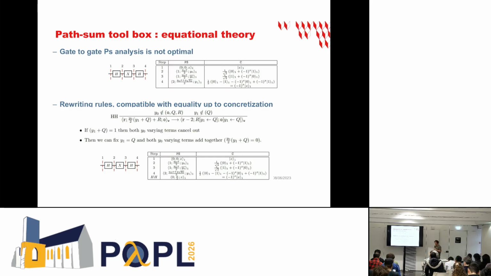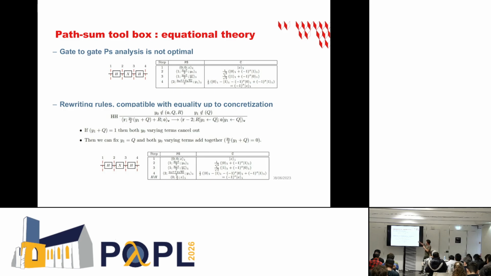But it's not enough in the general case, because this gate-to-gate path sum analysis is not optimal. There are more path sums than unitary operators to analyze or to compute, so maybe we don't end up with the best path sum and the best representation of the state we expected. Here is a simple example. It's an X gate surrounded by 2 Hadamards, so it's equivalent to a Z gate that just applies a phase transformation of -1.